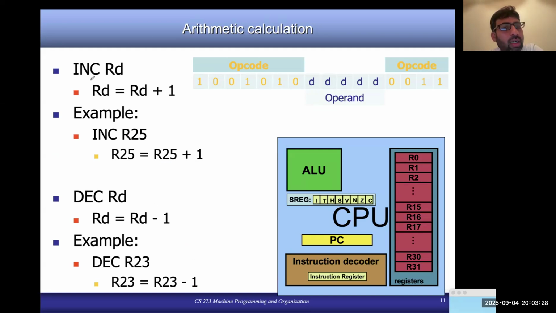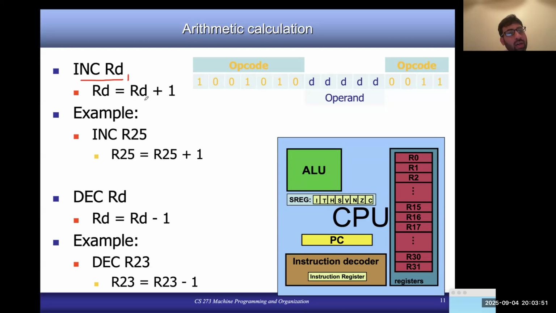Next, we have another arithmetic instruction, increment. The difference from add or sub is in the operation it performs. It increments the content of the destination register. Note that here we don't have a source register because this instruction operates on a single register.